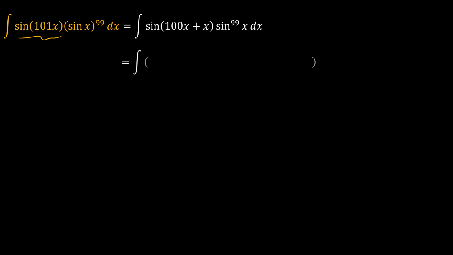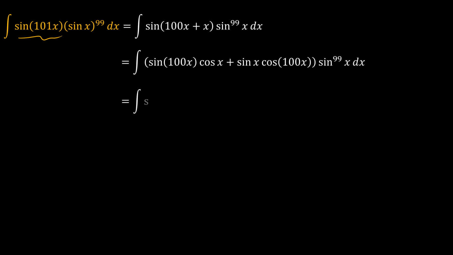So using the expansion of sine a plus b, cosine a cosine b plus sine b cosine a, we have sine 100x cosine x plus sine x cosine 100x times sine to the power 99x.